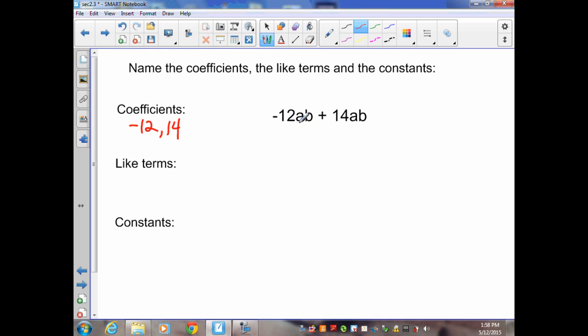Notice the variables are AB and AB. That means they have the exact same variables and the exact same exponents, 1 on the A and 1 on the B, and similarly here, 1 on the A, 1 on the B. Therefore, my like terms are both of them, negative 12AB and 14AB. Constants, none. There are no constants. Numbers without variables.